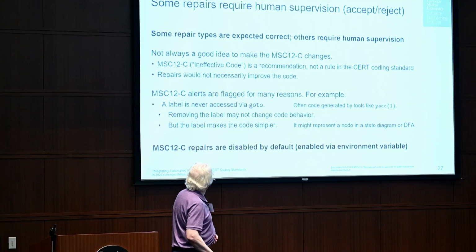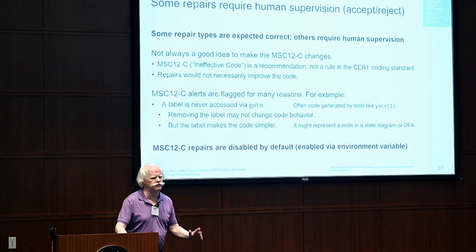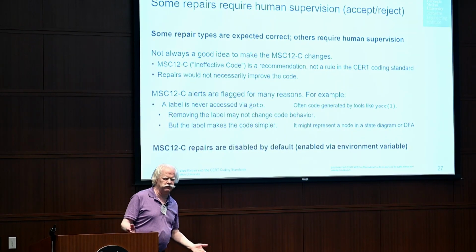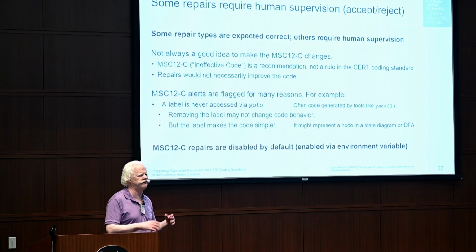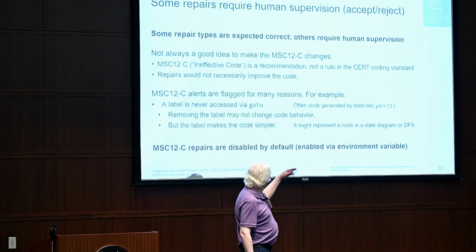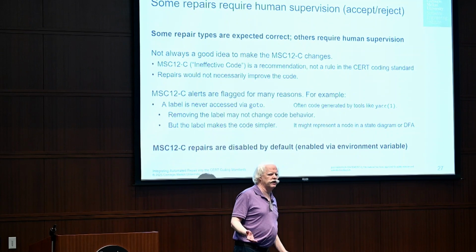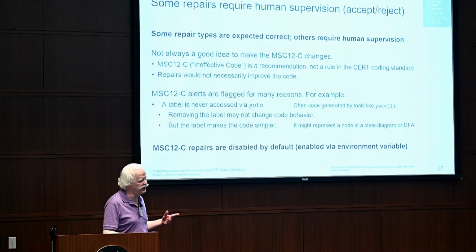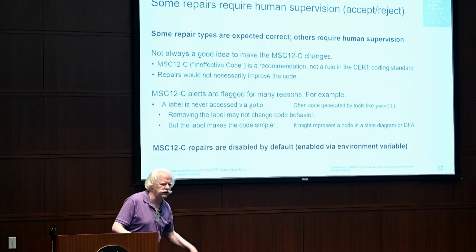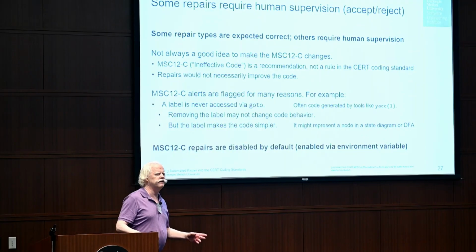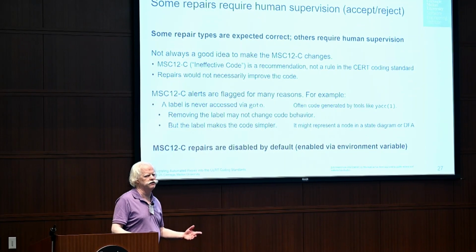For example, this rule, MSC 12, basically says remove code that has no effect. So one example of code that has no effect is a goto label if there's no goto statements that send you that label. If anyone here has ever used the Flex or the Bison parser generator in C, or Yak, that's what I was thinking, not Flex, Yak. They basically create a state diagram or state table in C, and the states are represented by goto labels.